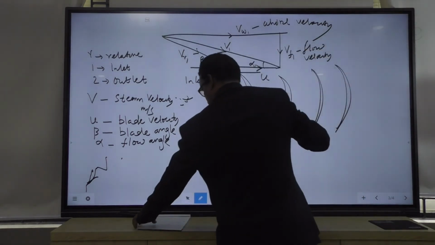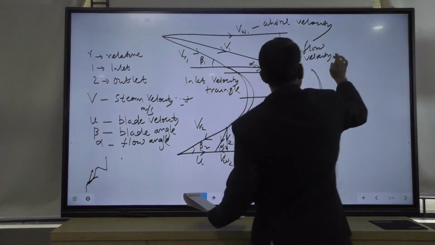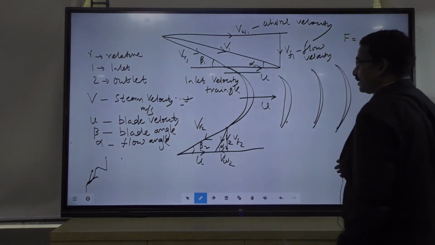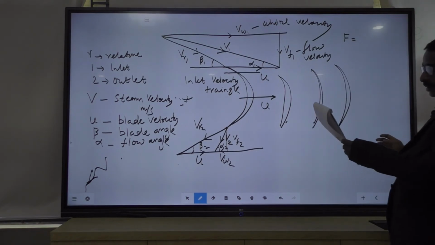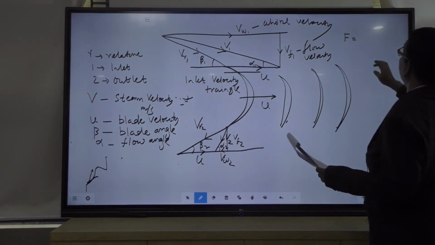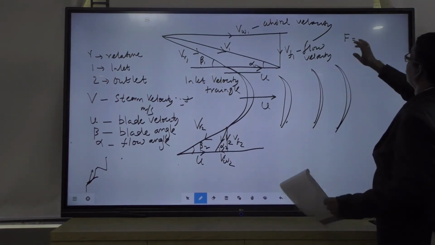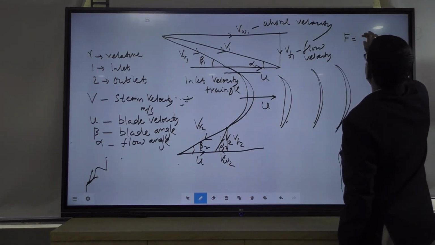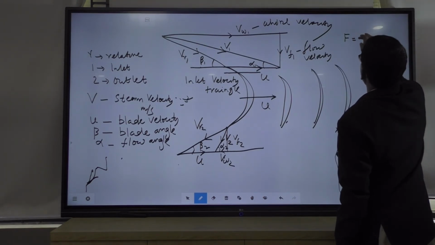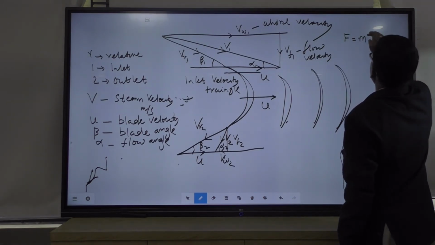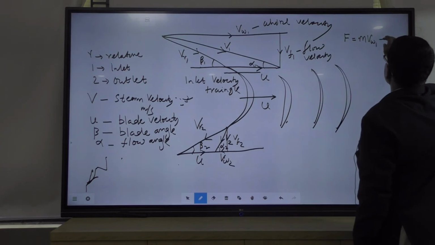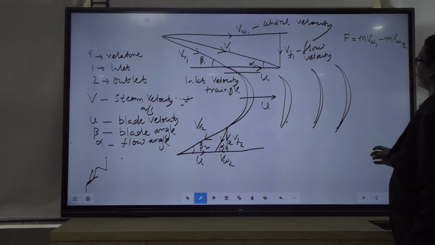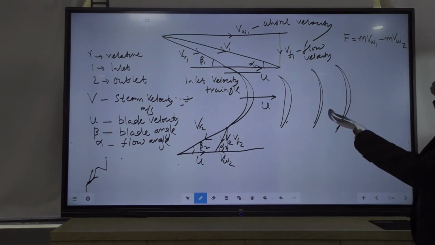The final force which you get is the change in momentum, initial momentum minus final momentum. Suppose the mass is 1, then m Vw1 minus m Vw2 is the change in momentum in the direction of u.